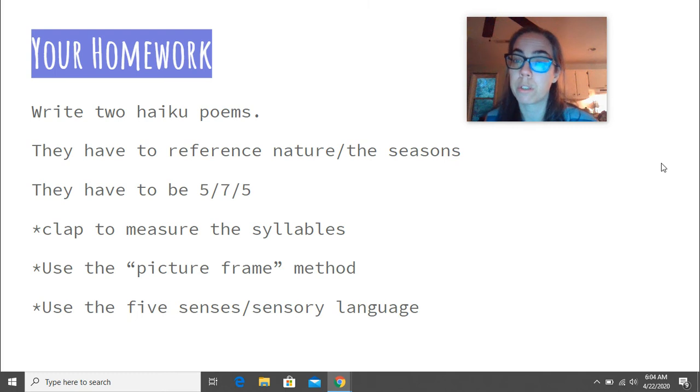I've tried to reduce the workload because we are in unprecedented times right now. We've talked about that. I think people are doing the best that they can, and I'm trying to make this easy on you while still giving you something to learn about poetry. I want you to still get something out of this without feeling completely stressed out.